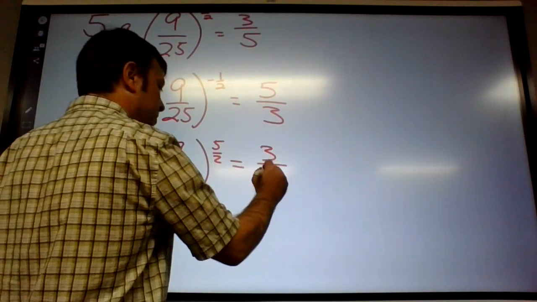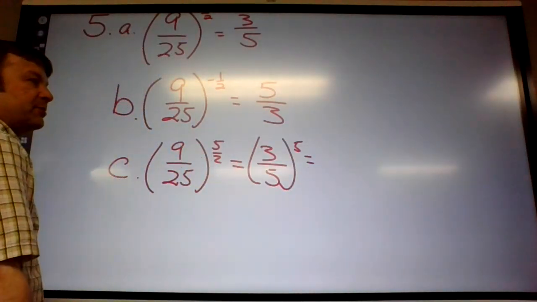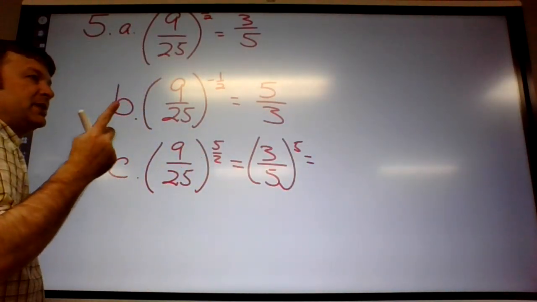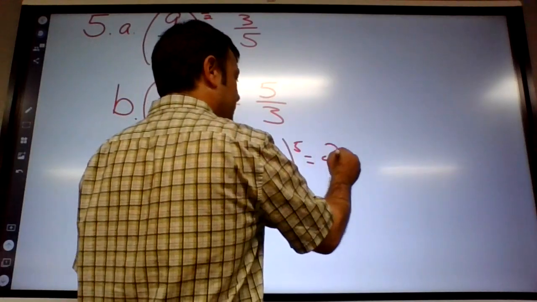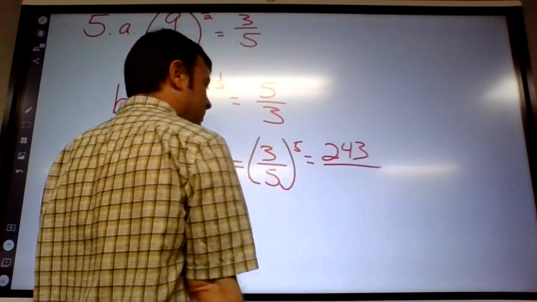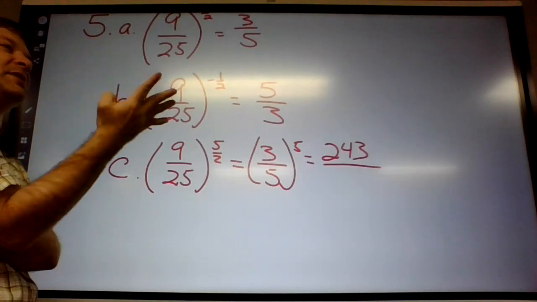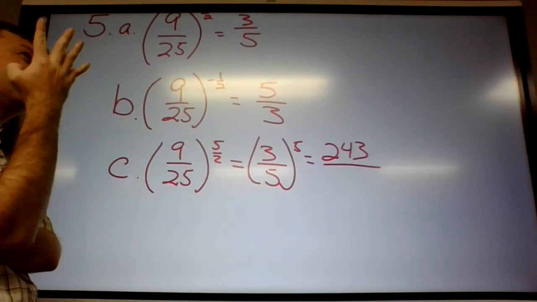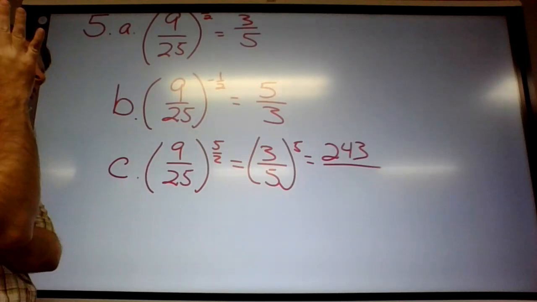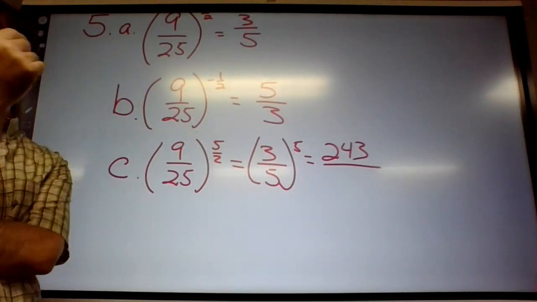So if we square root them, it's still a giant answer. 3 to the fifth is 3, 9, 27, 81, 243. And 5 to the fifth, 125, 625, 3,125.